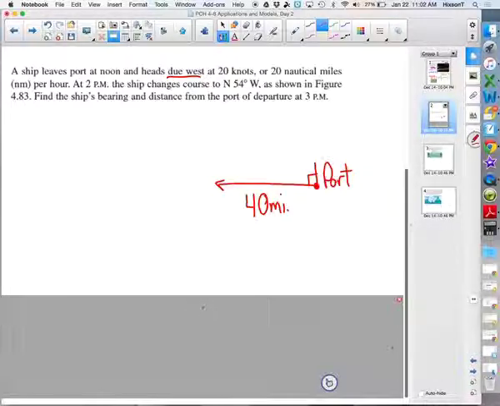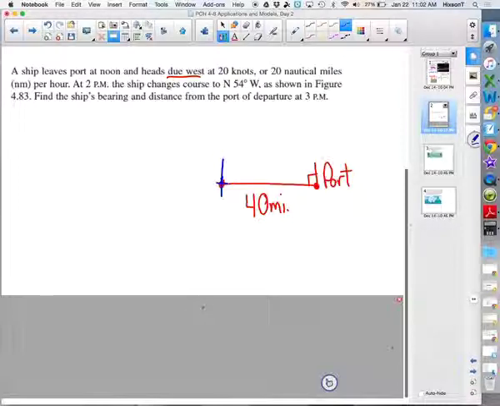Then it says that it changed course. So right here, we decide to change course, and when we're drawing this, let me show you something that's helpful. Draw yourself a little north, south, east, west anytime you're going to change course. Because now we want north 54 degrees west. So here's north. I'm going to measure a 54 degree angle, but I could go this way or this way.